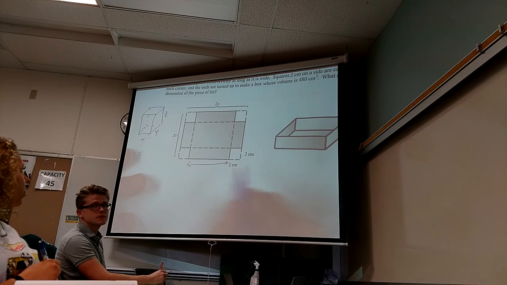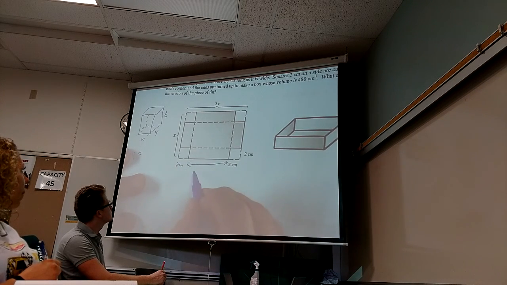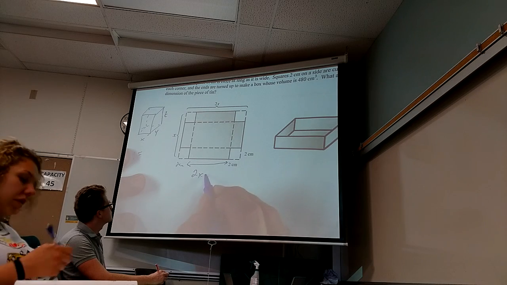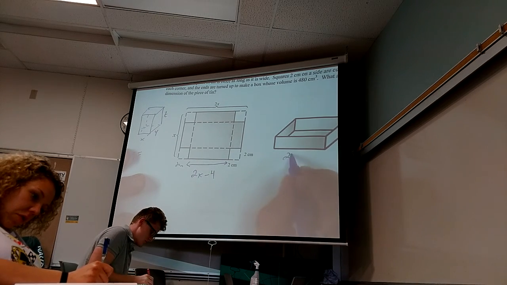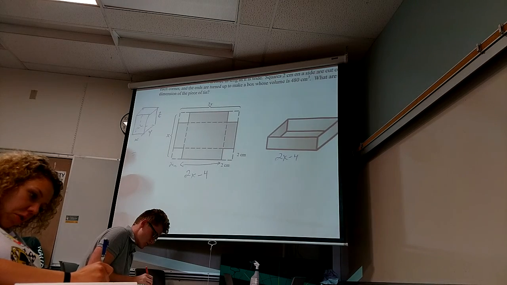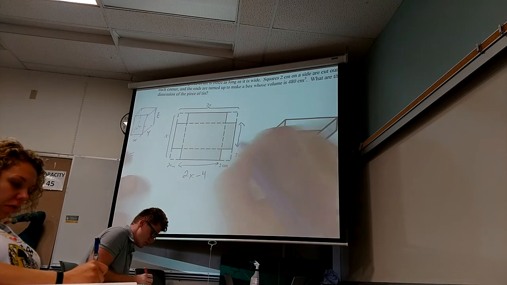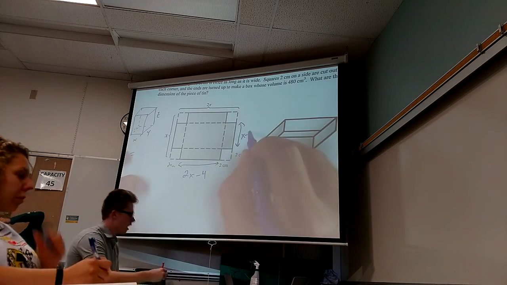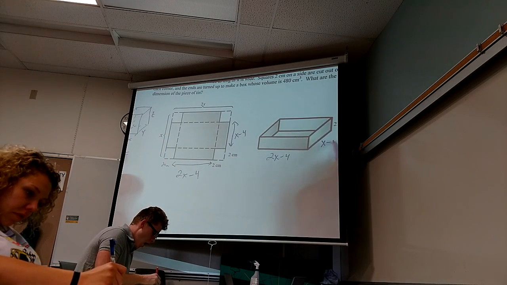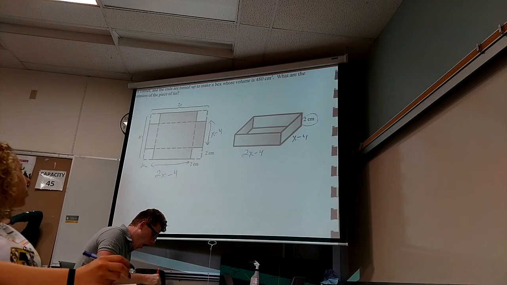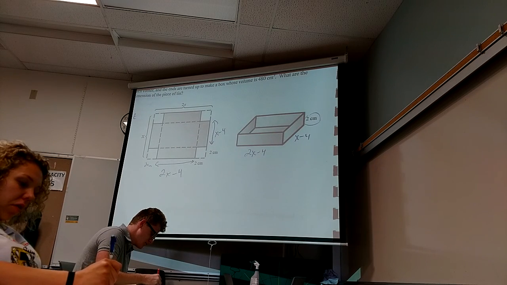There you go, 2 there and 2 there. So what is it now? 2x minus 4. What about this side? x minus 4, I love it. And they put the height on there for me, because how tall is it going to be? Is that 2 centimeters I chopped off?